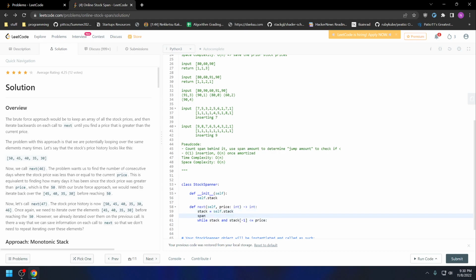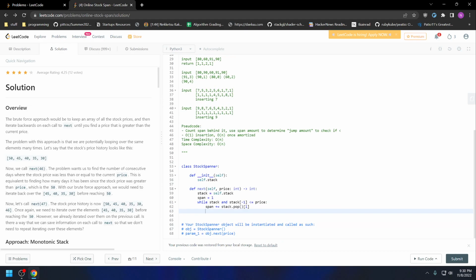Span is 1. Span plus equals stack.pop at 1. Stack.append price, span.